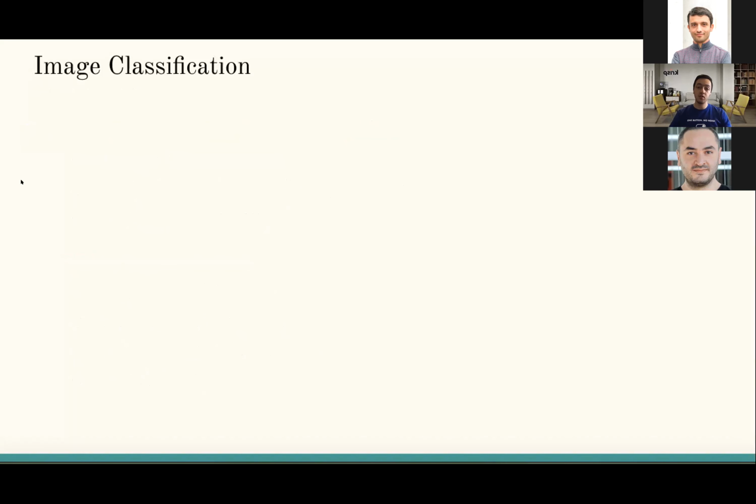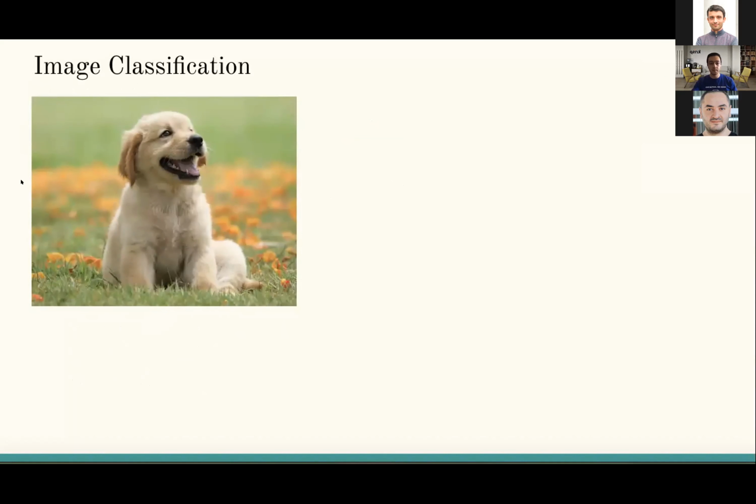First and the most basic one of them is image classification. What it basically does is, you give your model the image of an object, like this one, and feed it to your model. In our case, the model is a neural network.